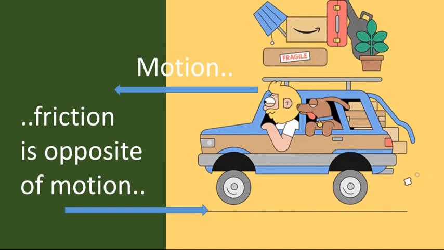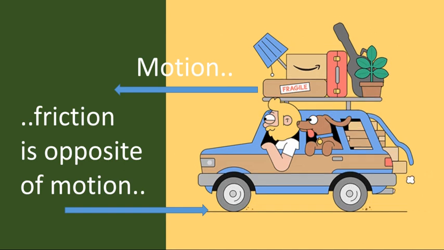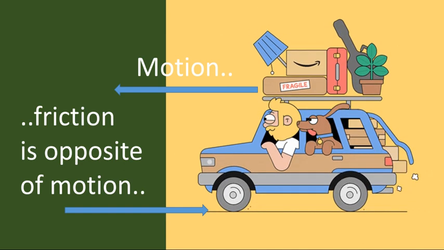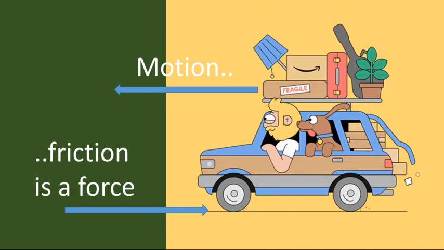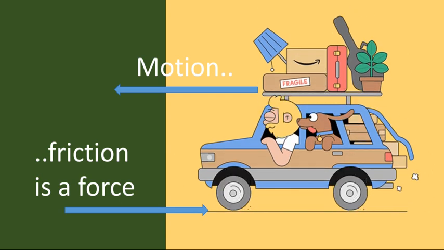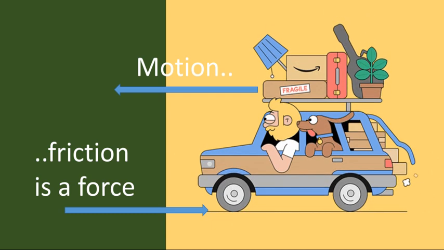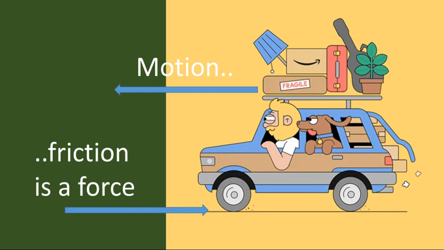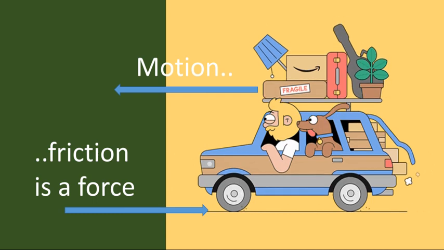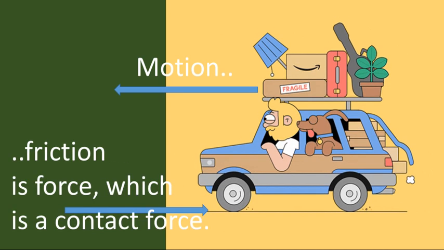So we have to understand, it is the friction which reduces the speed. And do you know what is friction? Friction is a force. And friction happens when the bodies are in contact, otherwise friction doesn't happen. When the tire and the floor are in contact, then the friction comes into play. So friction is a force which is a contact force.